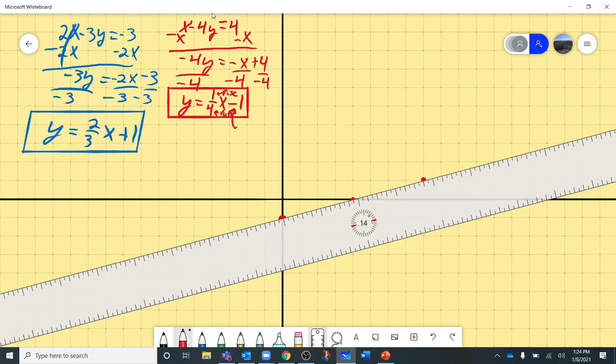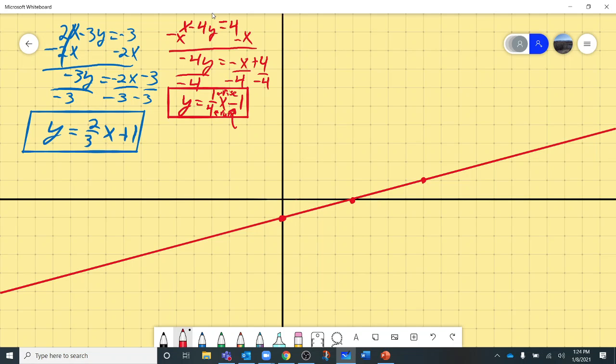All right, let's try that. Okay, so there's my red line. So right here is negative 1. There's 1, 2, 3, 4. There's positive 4. And 5, 6, 7, 8.